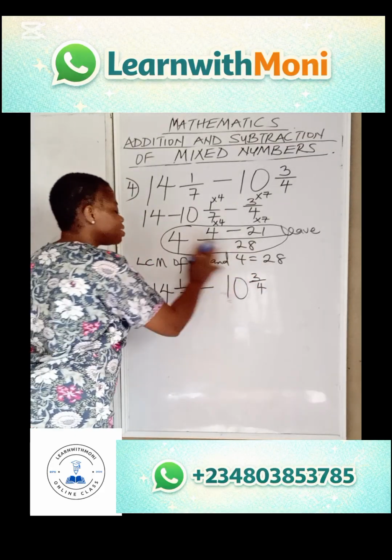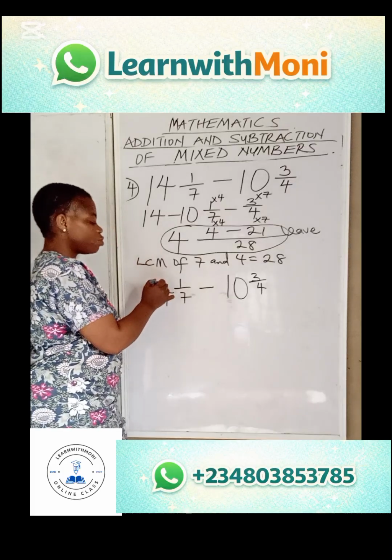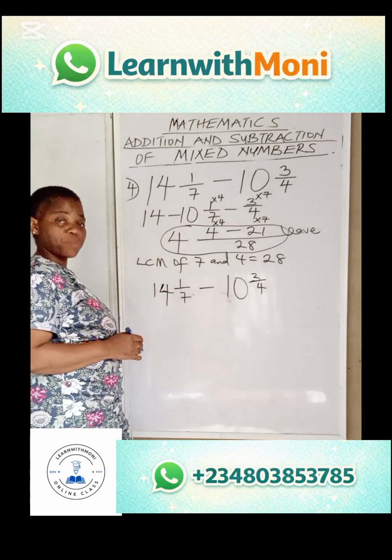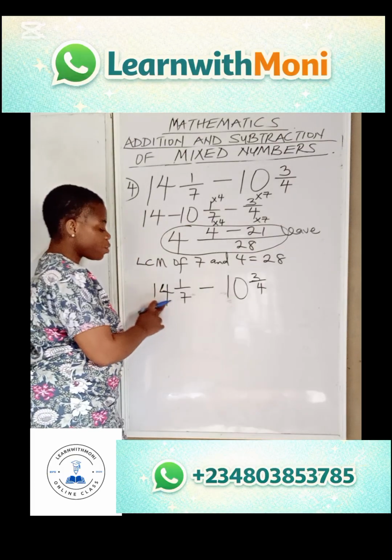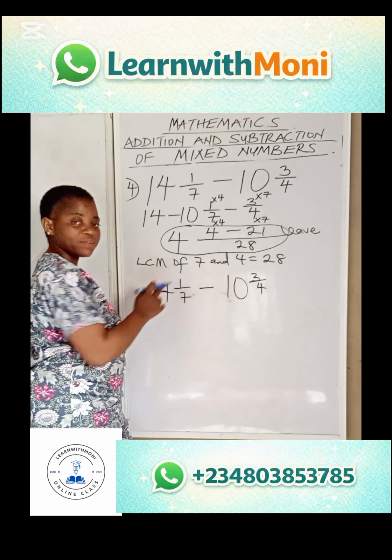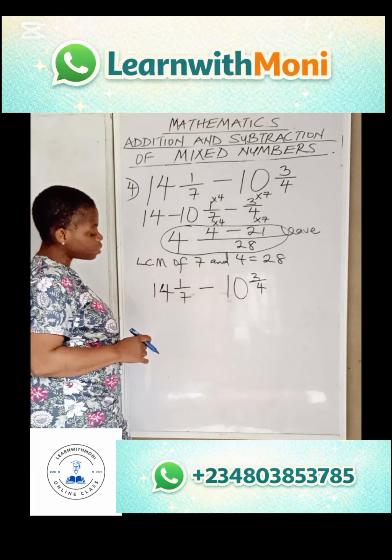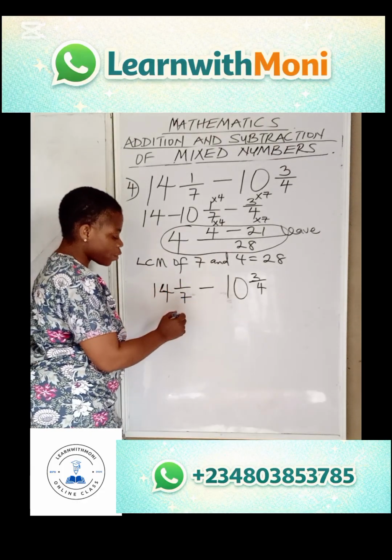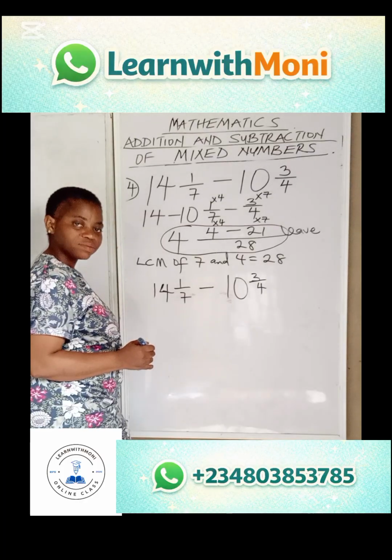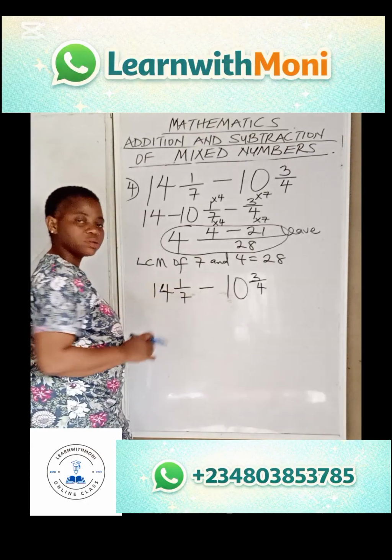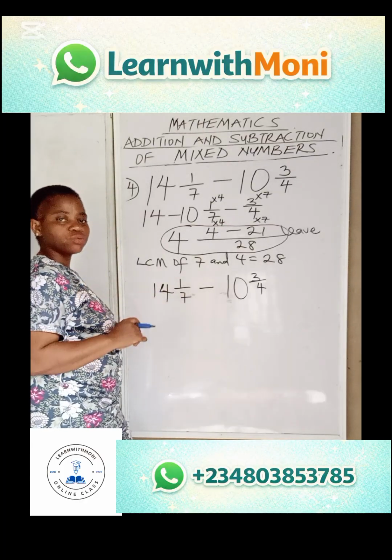You can convert the entire question into improper fractions, where you have 14 times 7. 7 times 4 is 28. 7 times 1 is 7, plus that 2, that's 9.